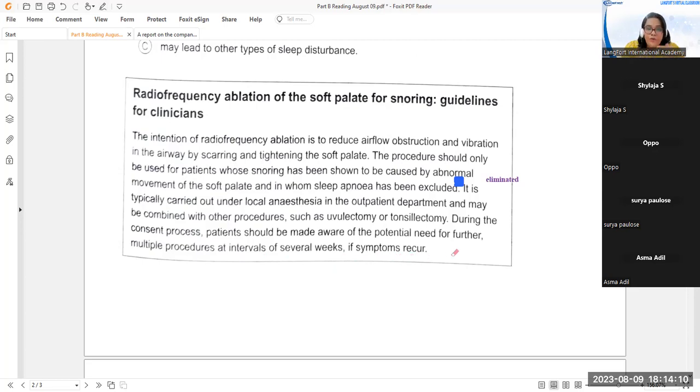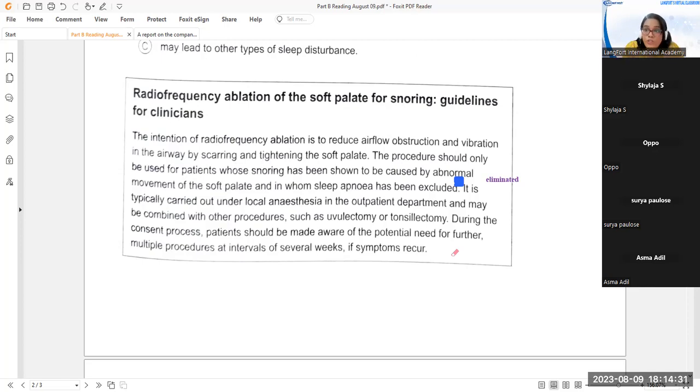Okay, they are saying the purpose of the procedure is to deal with the airflow by making scars and tightening the palate, and this can only be given to patients whose snoring is because of abnormal movement of the soft palate, not because of sleep apnea.